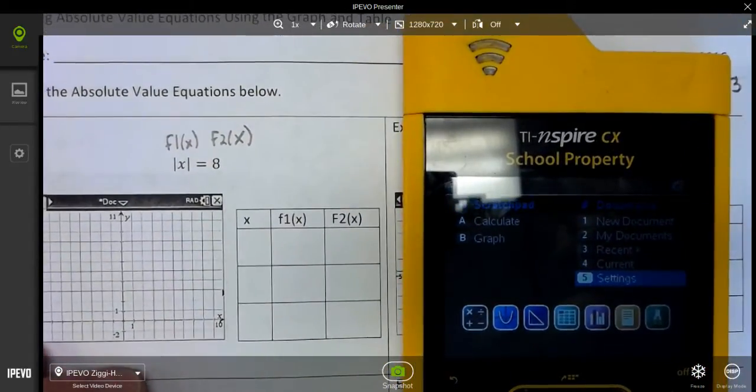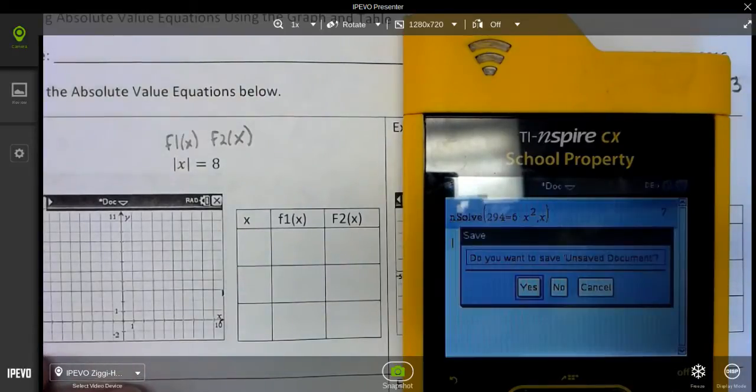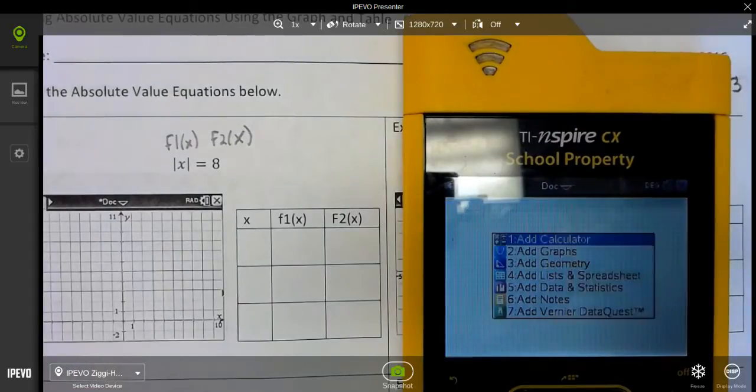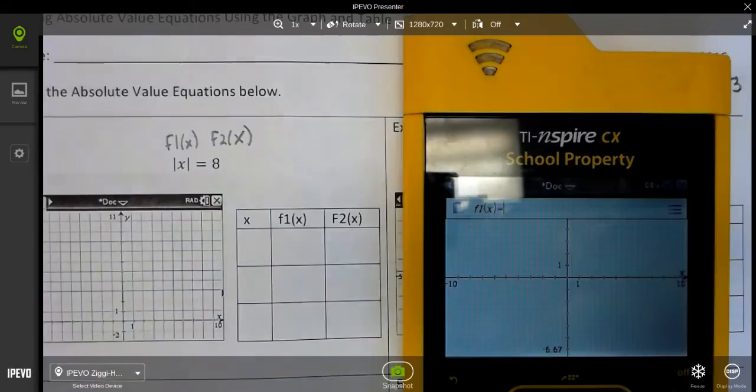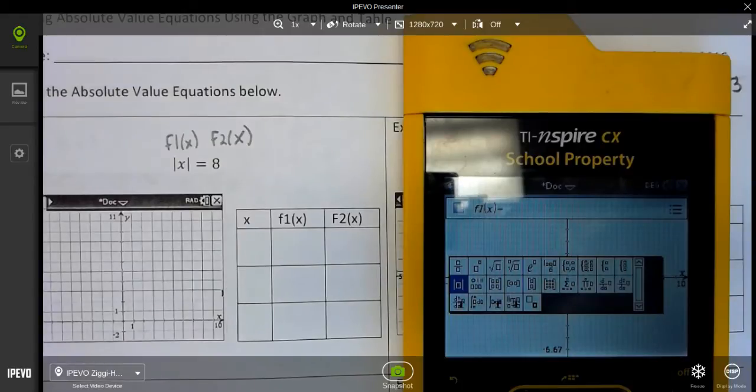All right, so to graph, we're going to go to On, New Document, Add Graph, and we're going to graph the absolute value of x. So to graph that, we're going to press the button to the right of 9, okay?